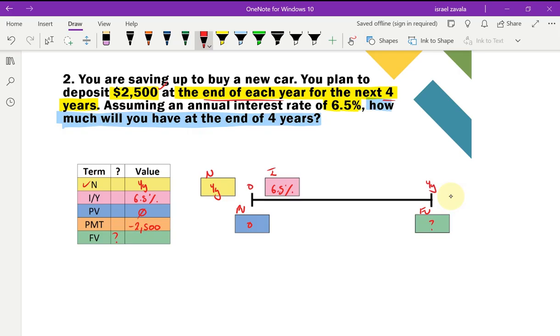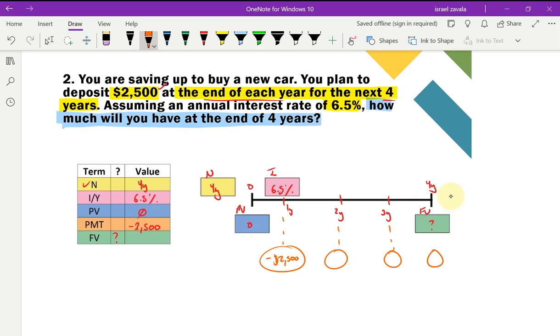So then we have our first year, our second year, and our third year. So we need our payments, right? We're going to be investing 2,500.